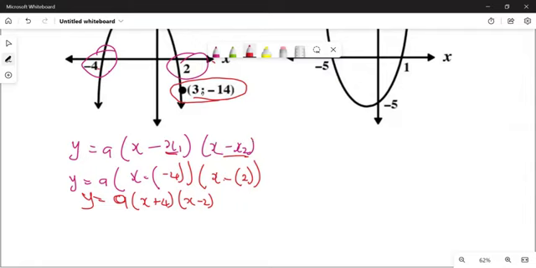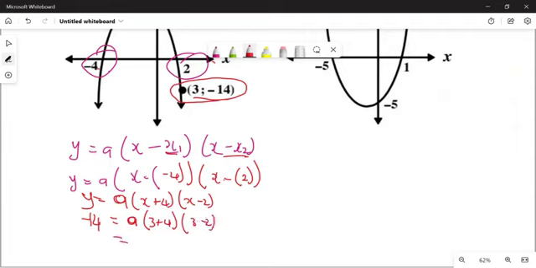From here onwards, you say we have -14, which is equal to a, and x is 3. So 3 plus 4, and then 3 minus 2.